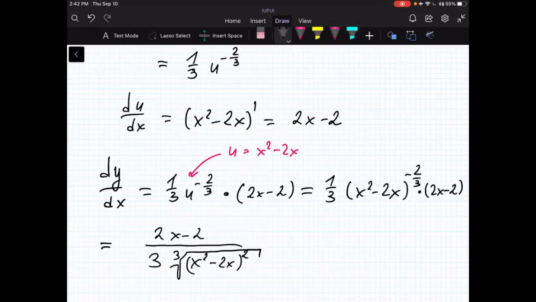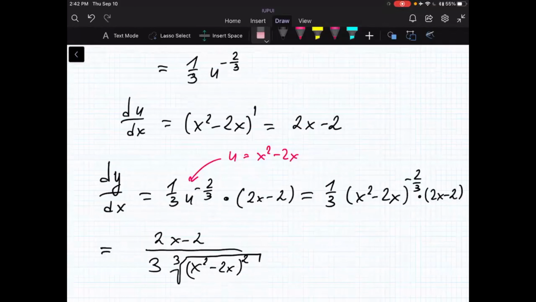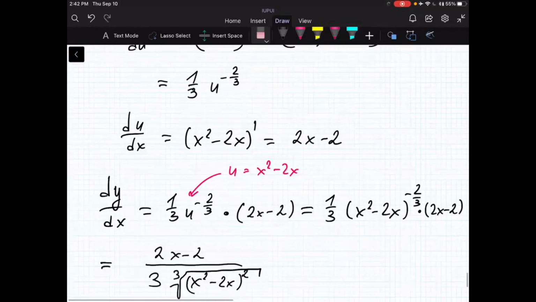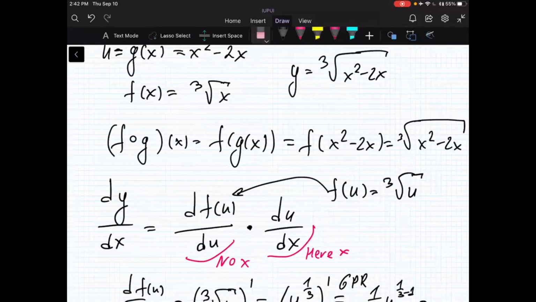Maybe it doesn't look better than this one, but this is another way to write it. Okay. Of course, you will obtain the same answer if you use the generalized power rule. But again, what I wanted was to practice the chain rule.